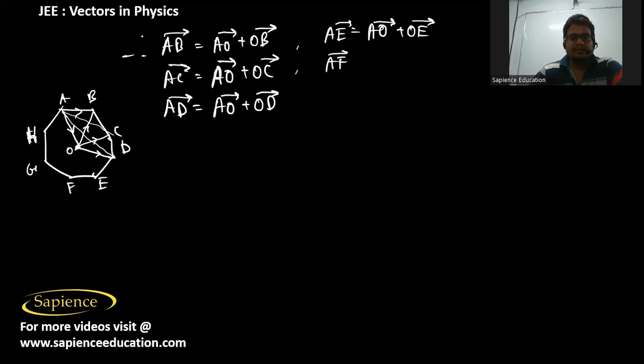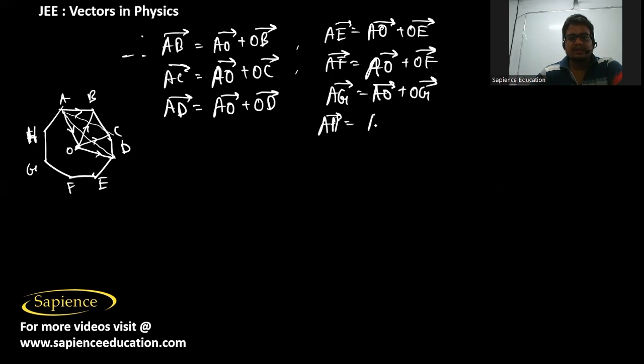AF vector is AO vector plus OF vector, AG vector is AO vector plus OG vector, and AH vector is AO vector plus OH vector.